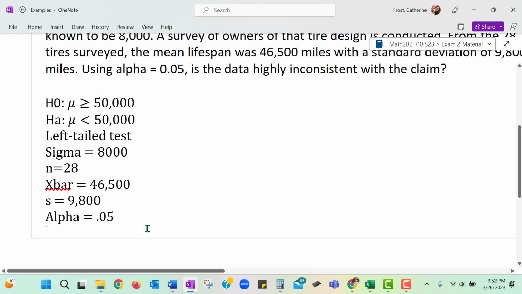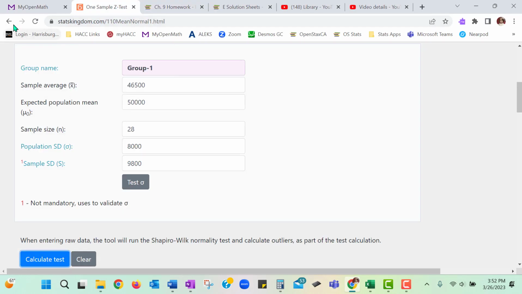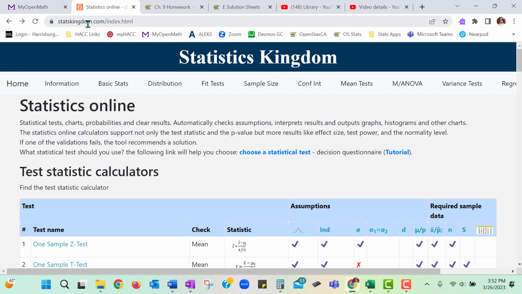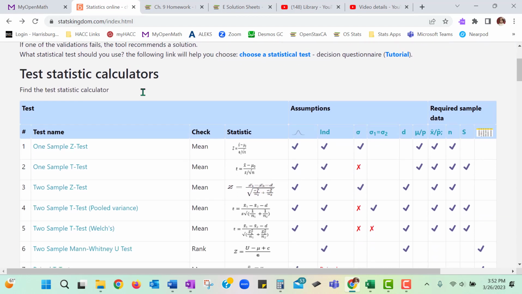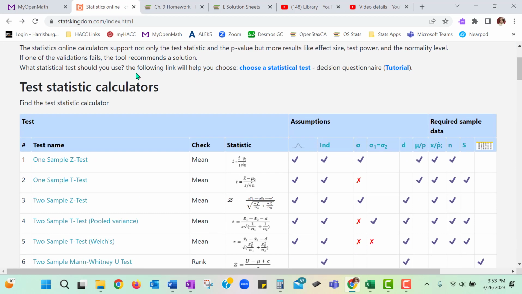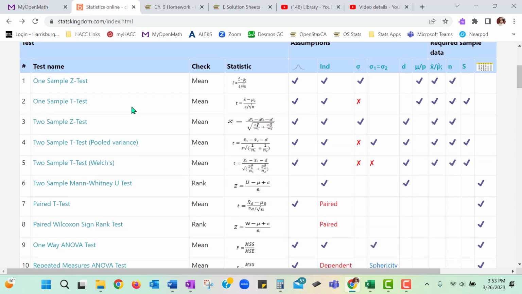Okay, so I'm going to go to StatsKingdom. Here's the home page, StatsKingdom.com, and the top category of things you can do on this website is test statistic calculators. So that's what we want, and this is kind of foolproof.